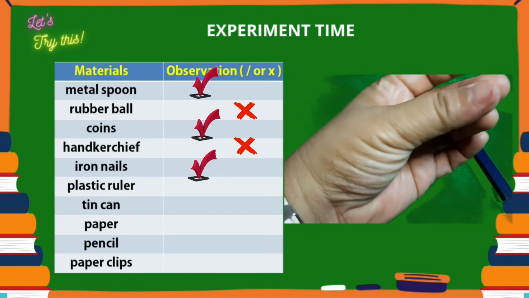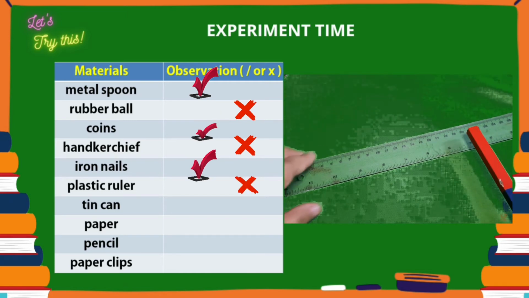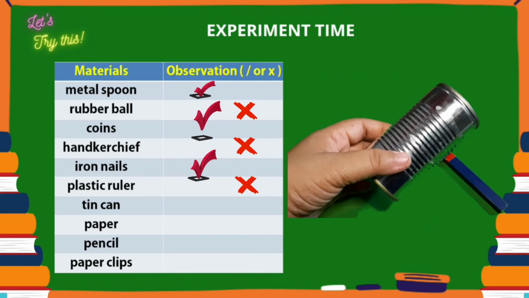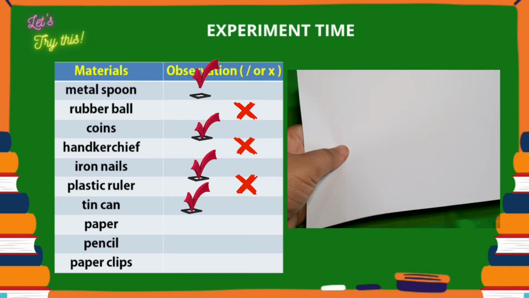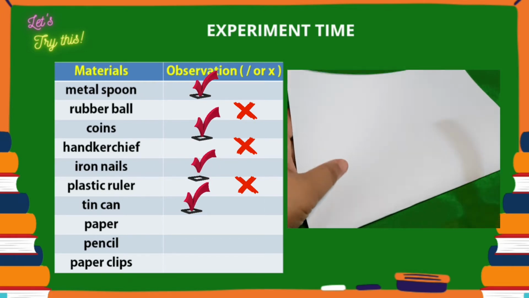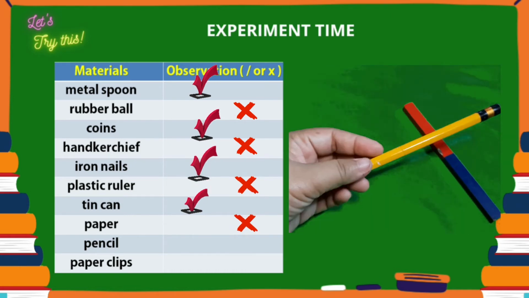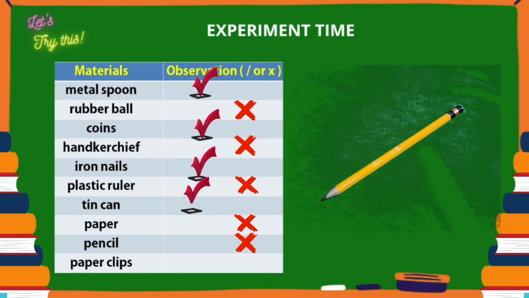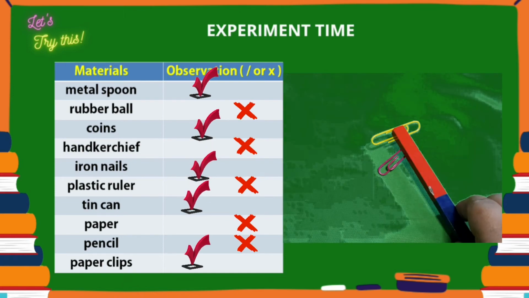Next, plastic ruler. Next, tin can. Then, paper. Next, pencil. Last, paper clips.